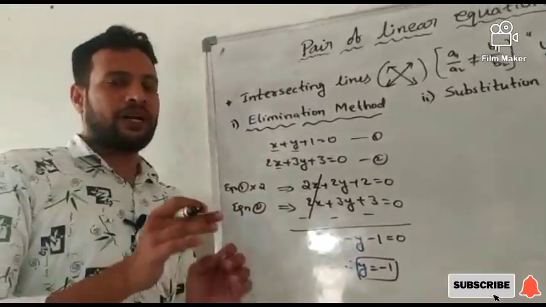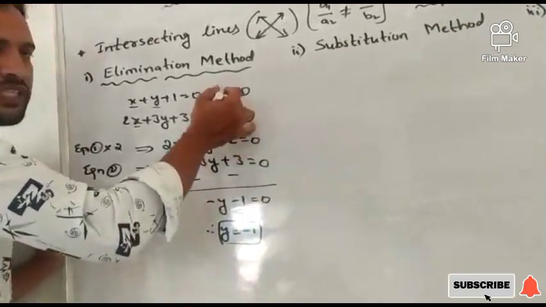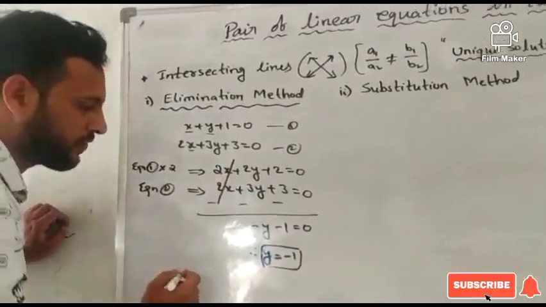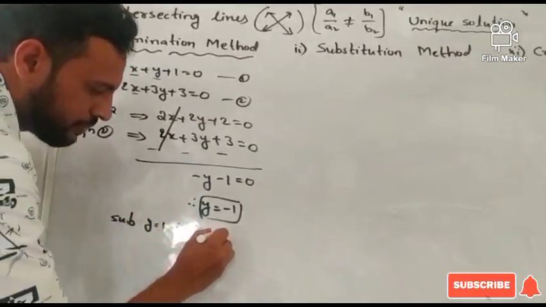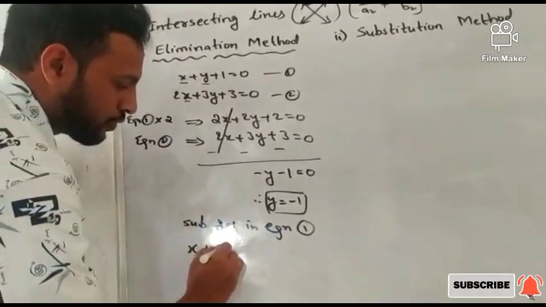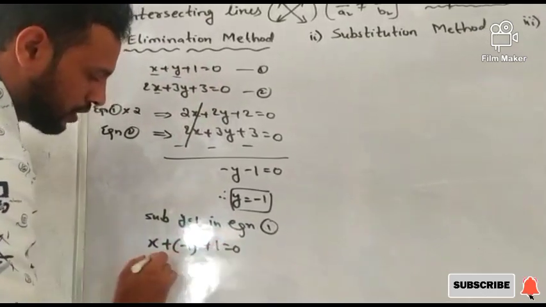After getting the value of one variable, you have to substitute this value in either equation number 1 or equation number 2. I am going to substitute in equation number 1. Substitute y equals minus 1: x plus minus 1 plus 1 equals 0.